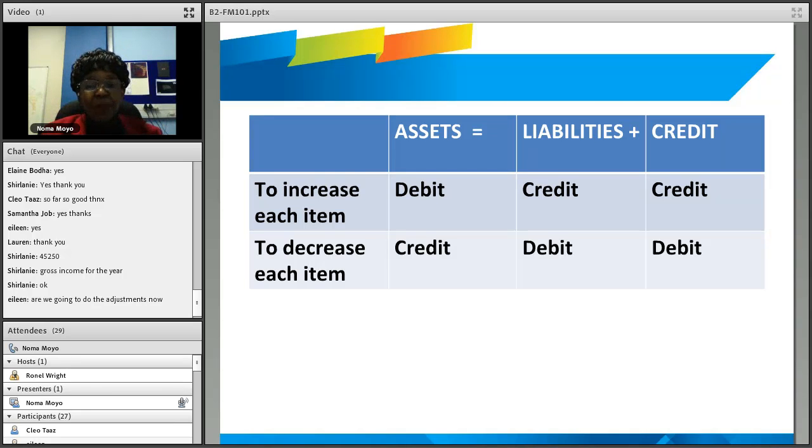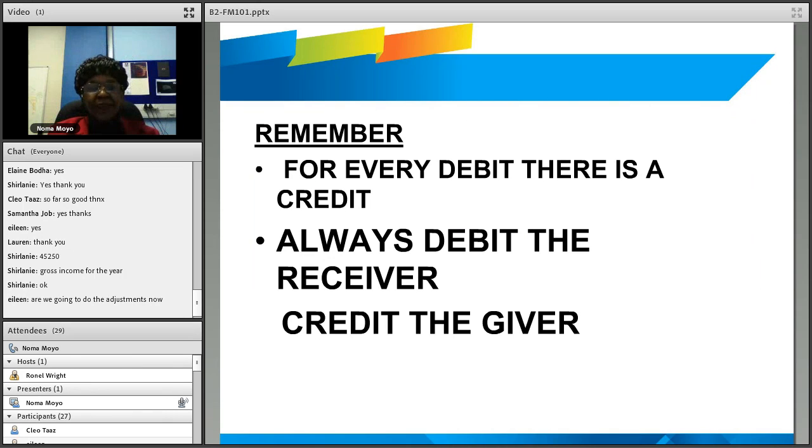To decrease capital, we debit. Remember, for every debit, there is a credit. Always debit the receiver, credit the giver. Write that there. You cannot debit and debit. You cannot credit and credit. For each transaction, there is a debit and there is a credit.